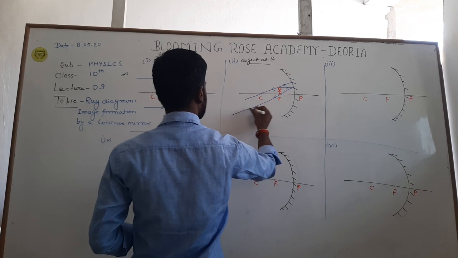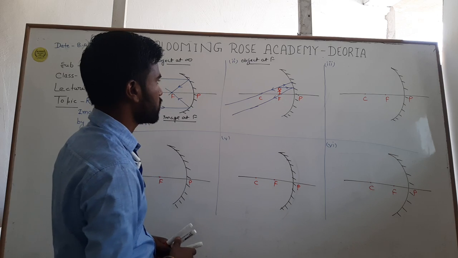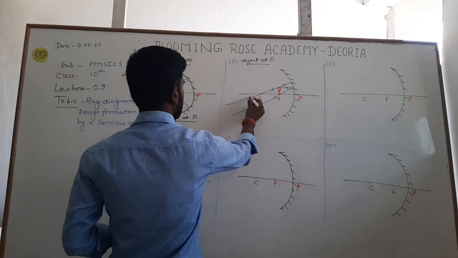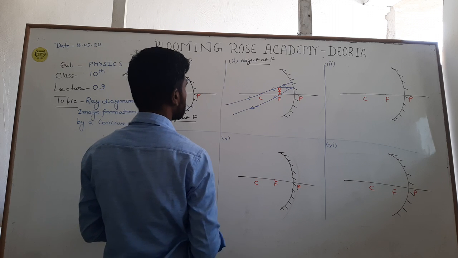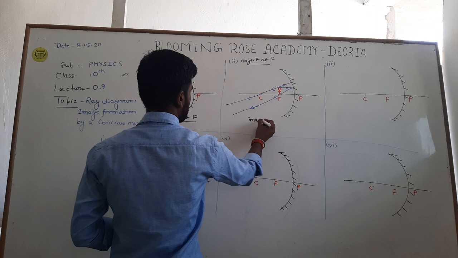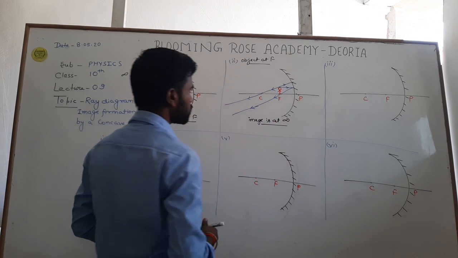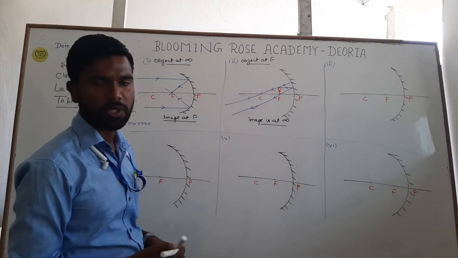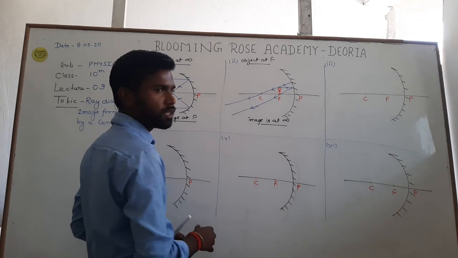So here you can see that the rays go parallel to infinity, so you get the image at infinity. Here the image is at infinity. At infinity the light will spread too much, so you get a highly enlarged image here.